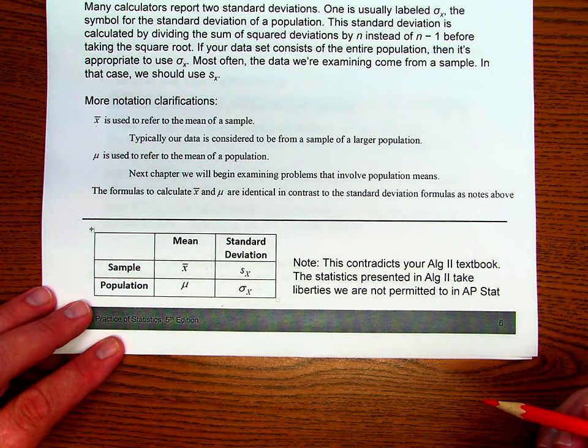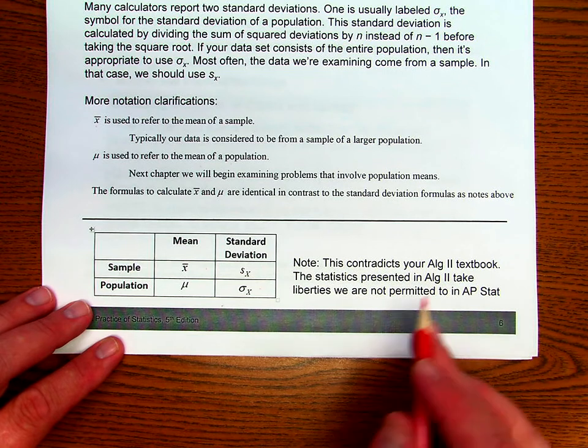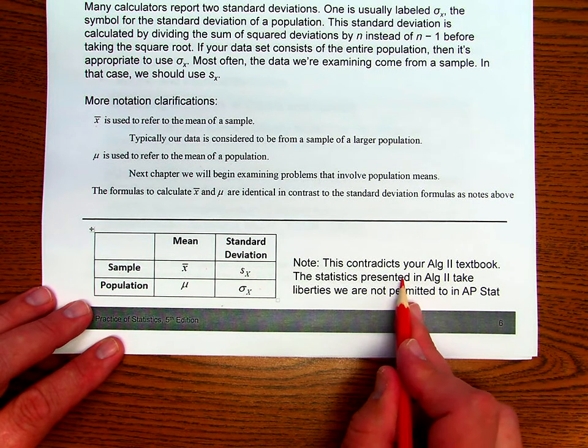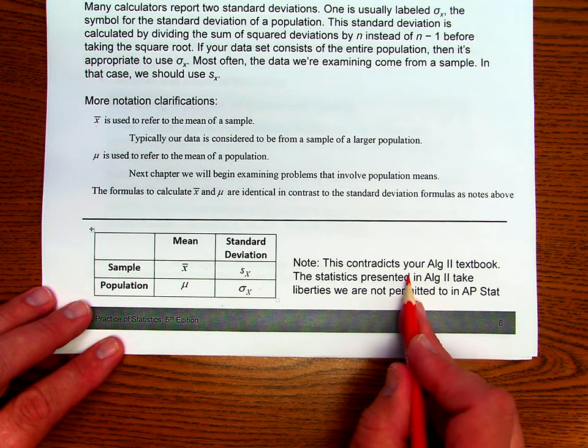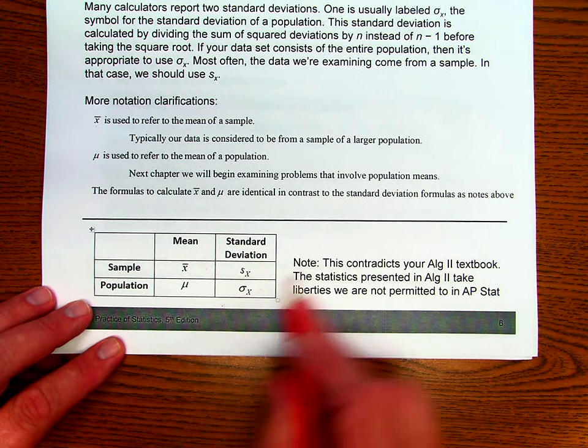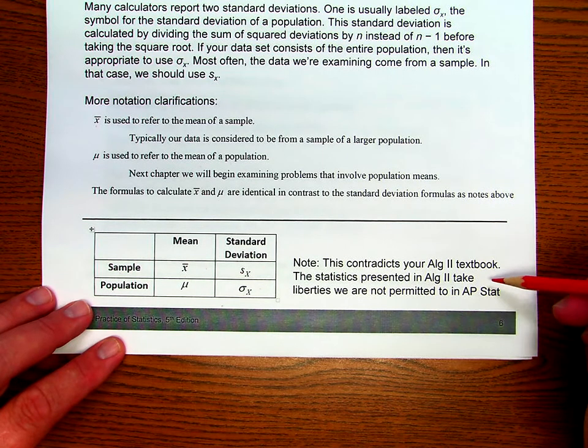Now, those of you that have already had Algebra 2, you may have done some stuff with standard deviation. This table here and how we define standard deviation above, this is a little bit of a contradiction of your Algebra 2 textbook. The big picture here is we deal with statistics from a purely, as it should be in the ideal world, statistics that is considered more or less universal.